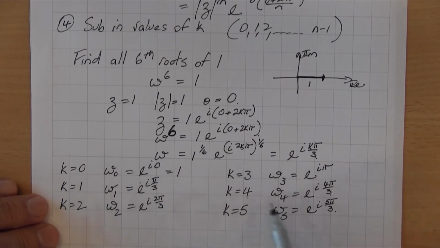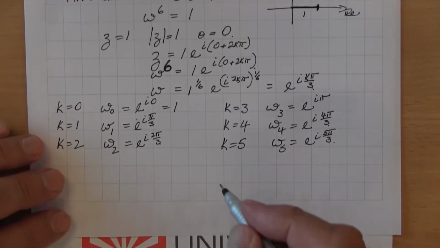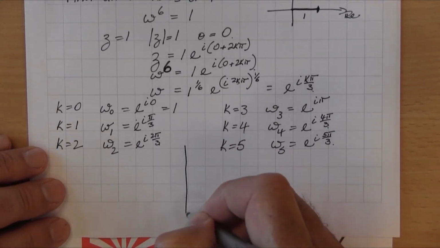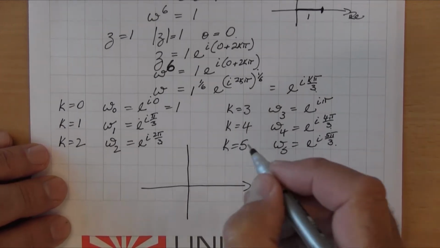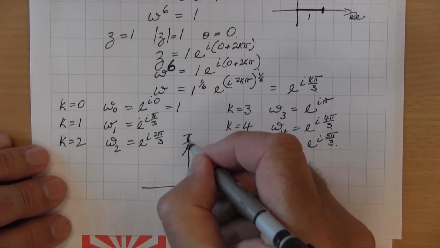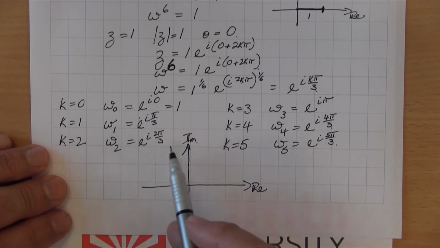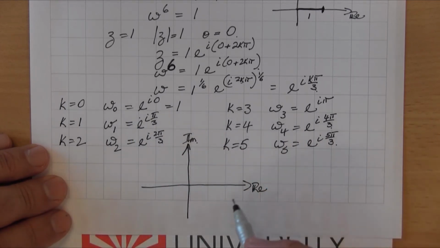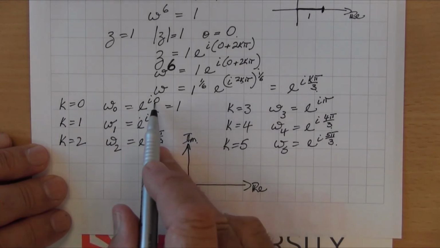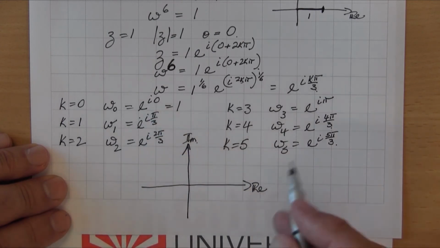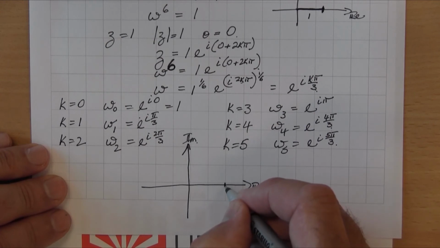So each of these has a modulus, a length of 1, and if you like we can plot them on the Argand diagram. So here's my real, here's my imaginary. All of them have a modulus of 1. The r value for each of these is equal to 1. So this is just e to the i theta, where theta is equal to 0, we'll go out to there.